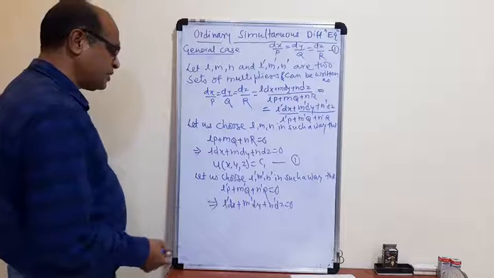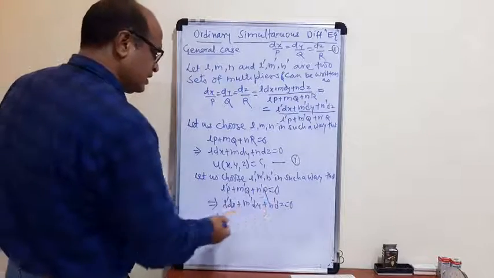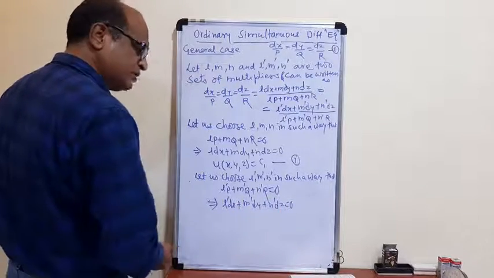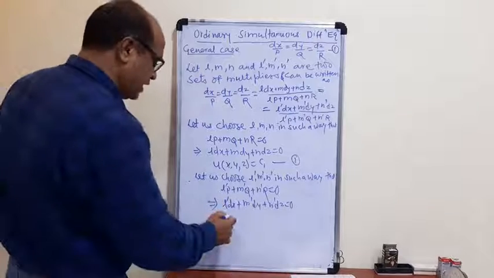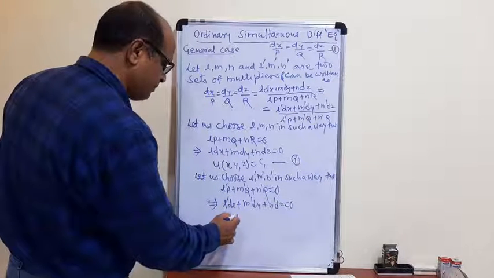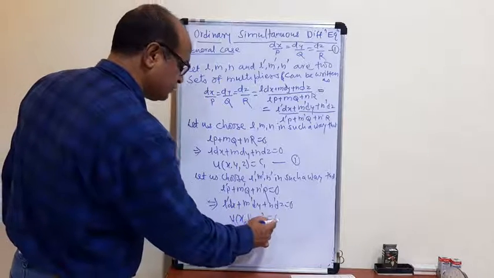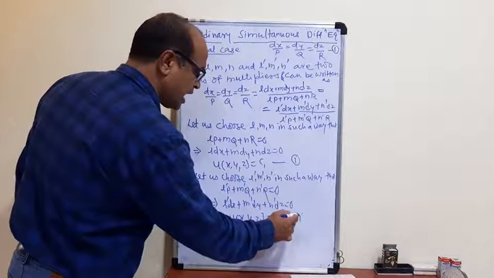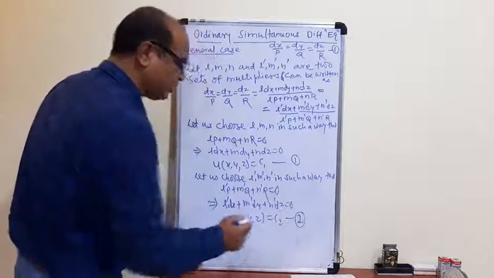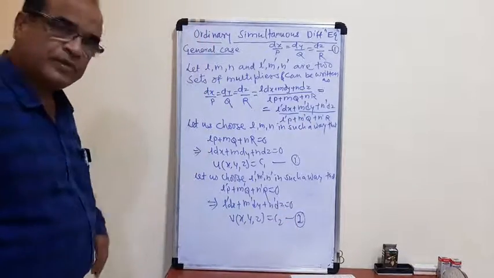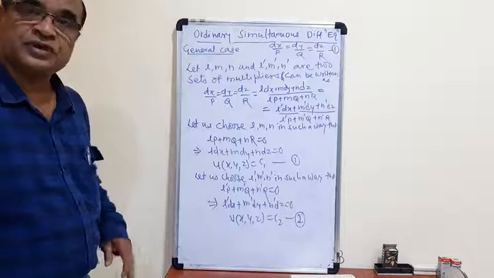On integration, we solve this first order and first degree differential equation, and we get the solution in this form: a function of x, y, z is equal to C2. So this is another part of the complete solution. This is one solution, this is another solution.